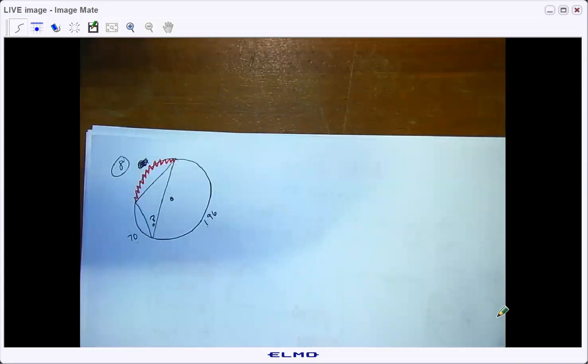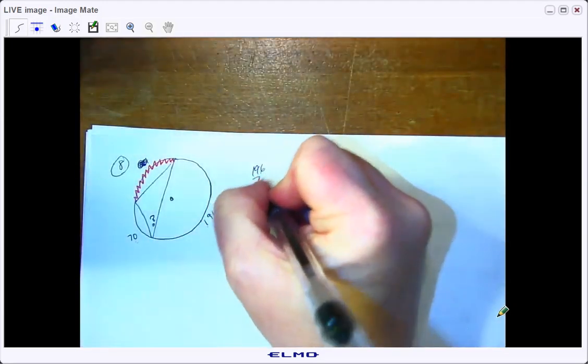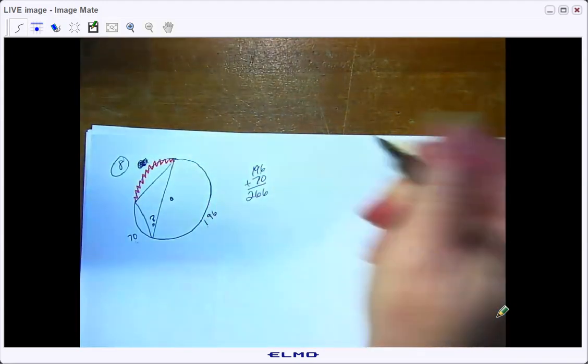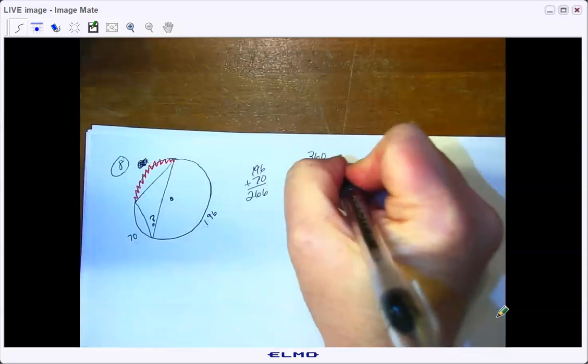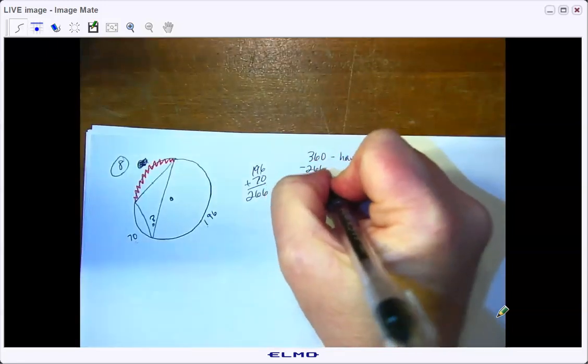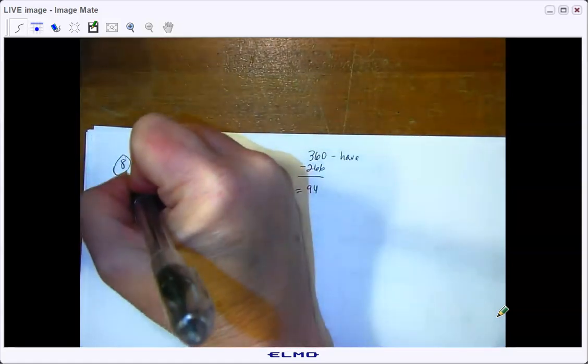Nice. Okay. So if you didn't know the number I had put up there originally, we're adding these together again. So 196 and 70, and we get 266. So then we're going to take the 360 and subtract off what we have. So minus 266, and we would get 94. So that's how we get this number.